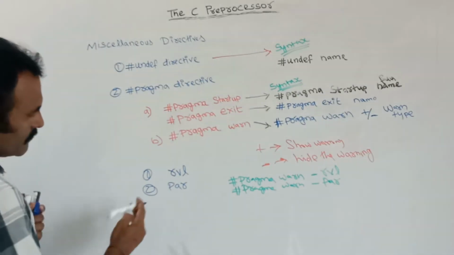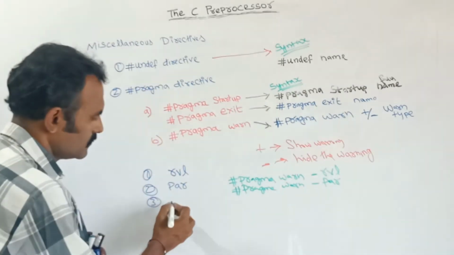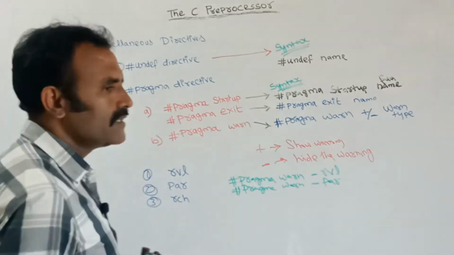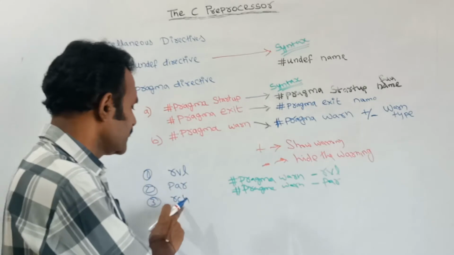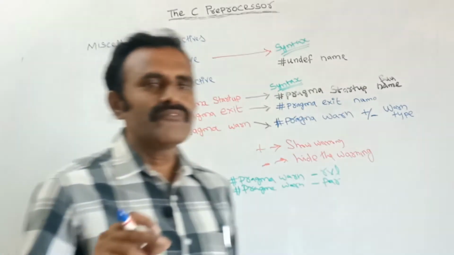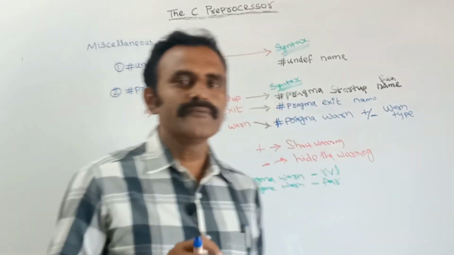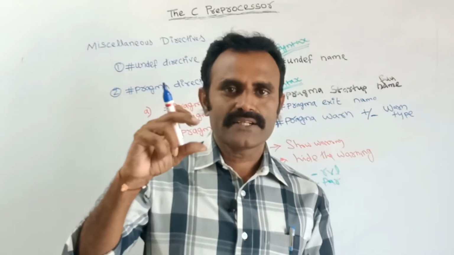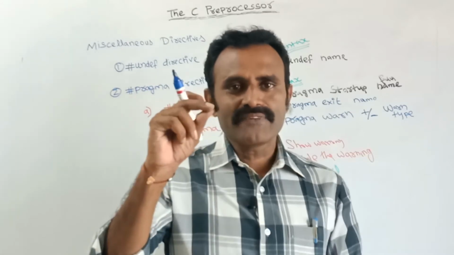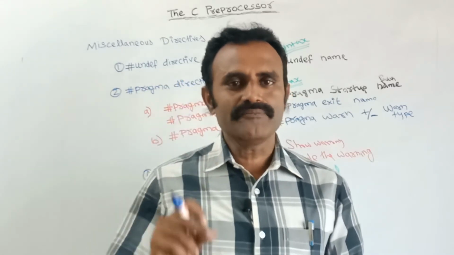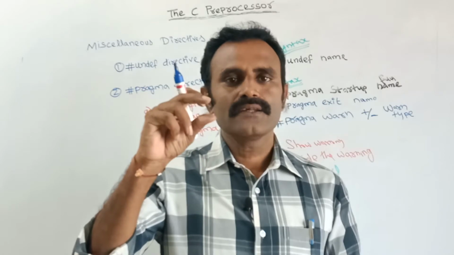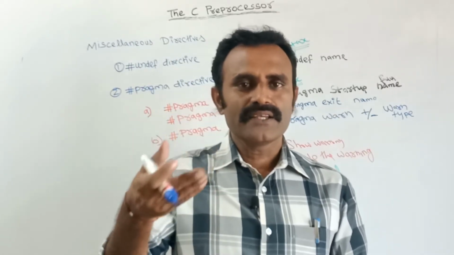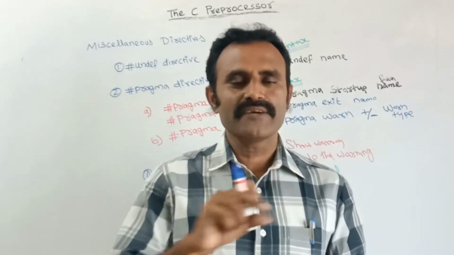Next one, RCH, that is unreachable code. This one is a kind of warning. When will this warning be displayed? Suppose you are creating an integer return value function, and after returning the value, next to that return statement, I give some statement.